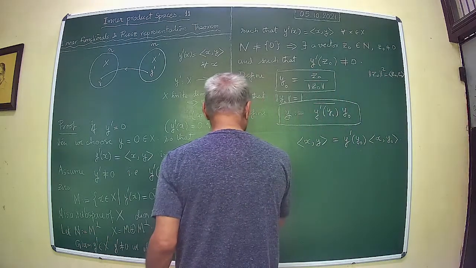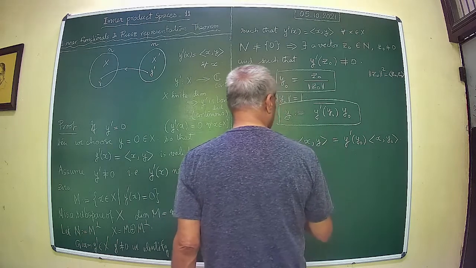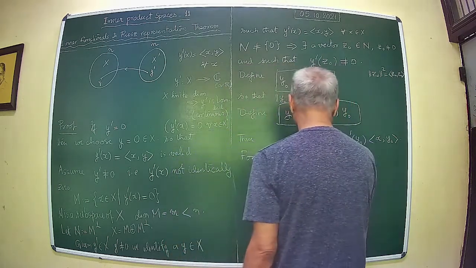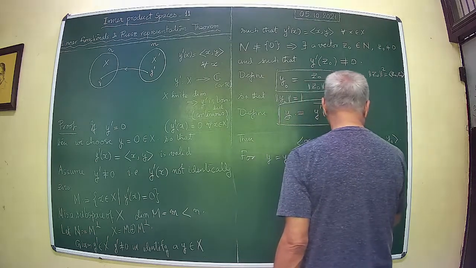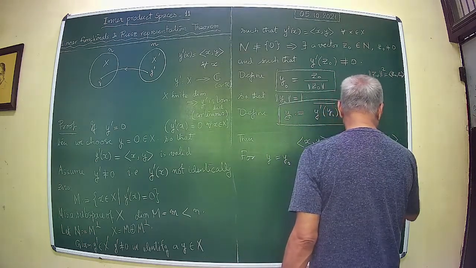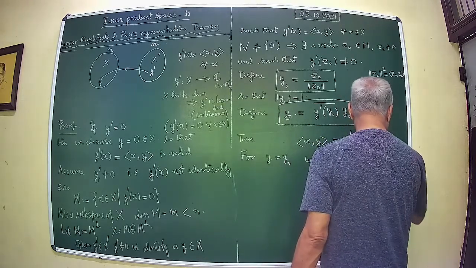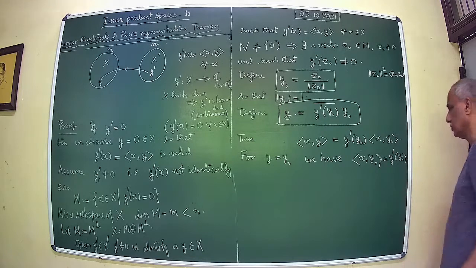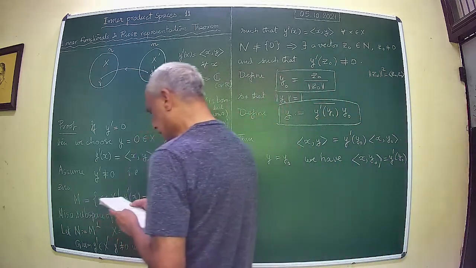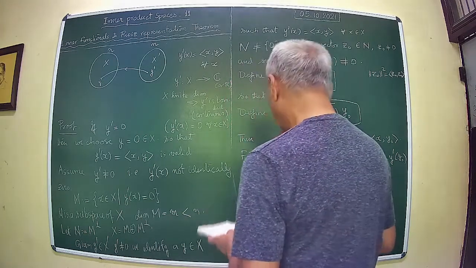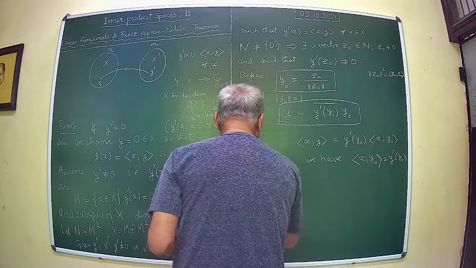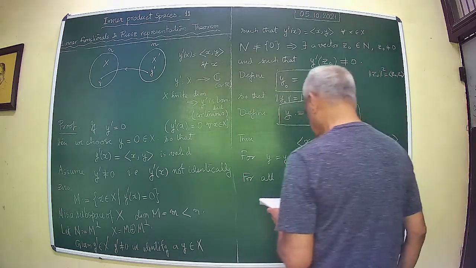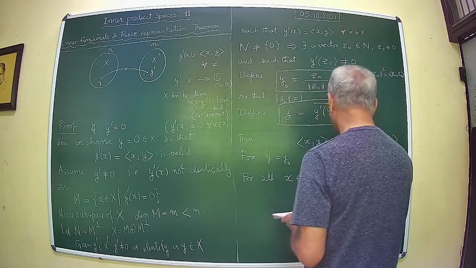Therefore, for y equal to y naught, we see that we have, so our choice is apt for the vector y equal to y naught, and for all x belonging to M, the inner product of x with y.